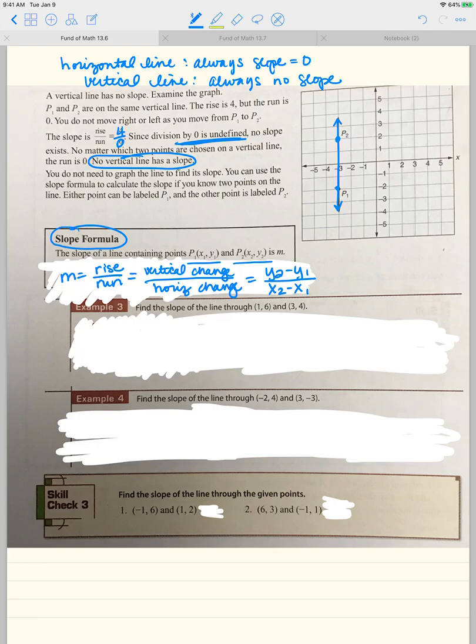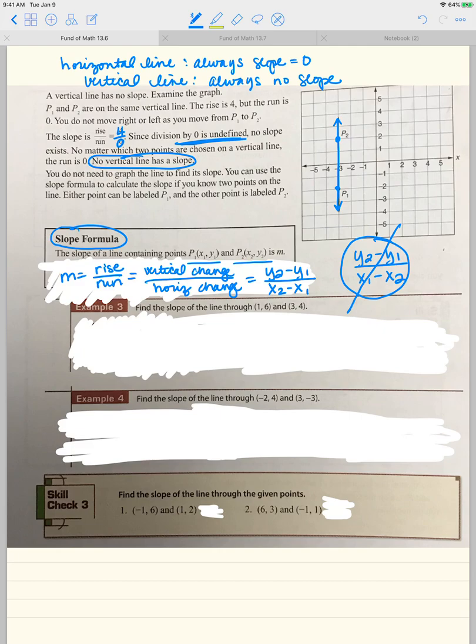Now, you cannot do y2 minus y1 over x1 minus x2. Big fat no to that, okay? y2 minus y1, x2 minus x1. So let's look at an example of this.